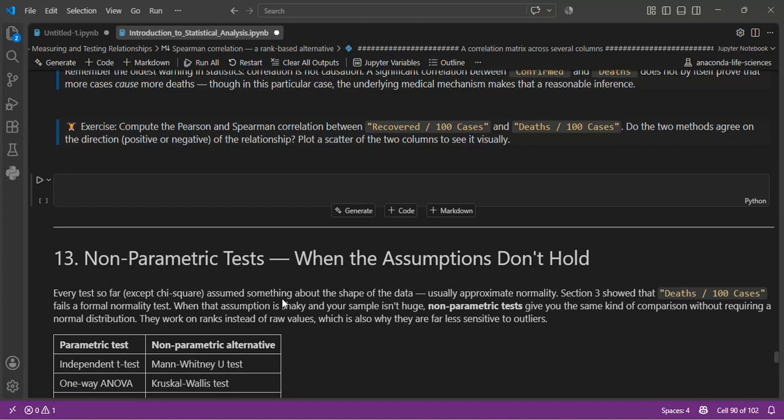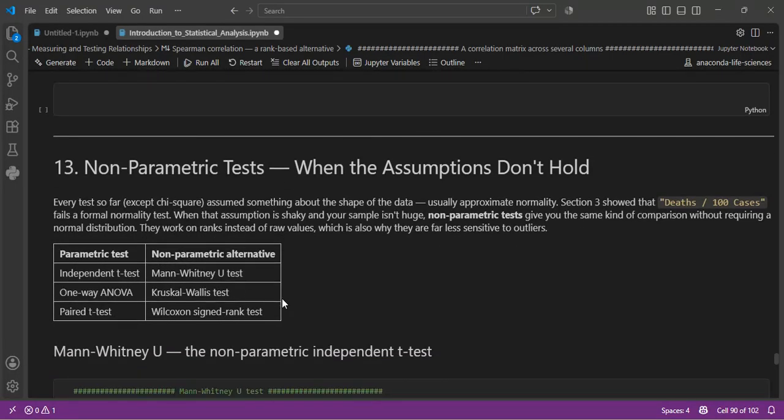When they are not normally distributed, we have alternative statistical tests that we can perform. For the independent t-test, that is when the data is normal. If it is not normal, we use the Mann-Whitney U test. For one-way ANOVA, we use the Kruskal-Wallis test.